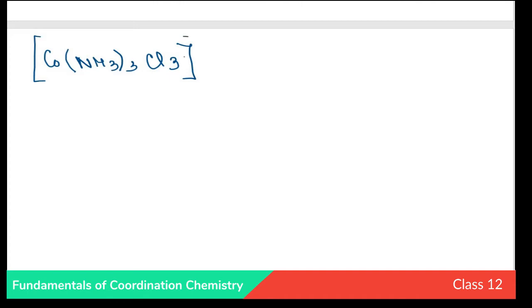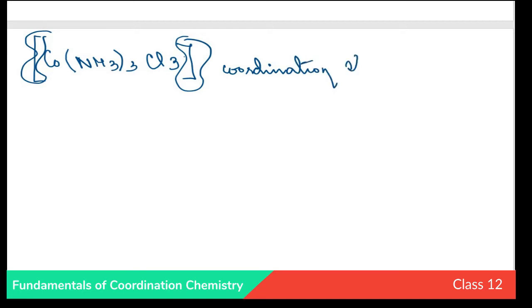One is this third bracket, which symbolizes a coordination sphere, which means that the portion mentioned inside this part is the coordination compound. Now, we have electron donating species like Cl and ammonia, which donates its electrons via the lone pair in the case of ammonia, to a metal that is cobalt.